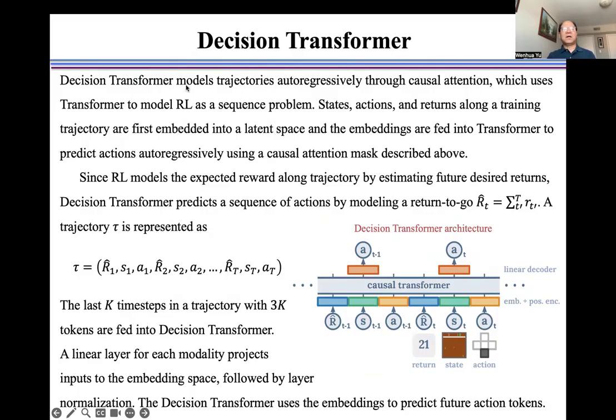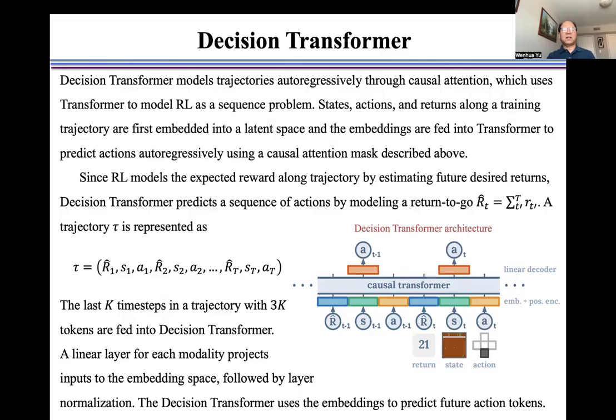Decision transformer models trajectories autoregressively through causal attention, which uses the transformer to model reinforcement learning as a sequence problem. States, actions, and returns along a training trajectory are first embedded into a latent space, and the embeddings are fed into the transformer to predict the actions autoregressively using the causal attention mask described above.